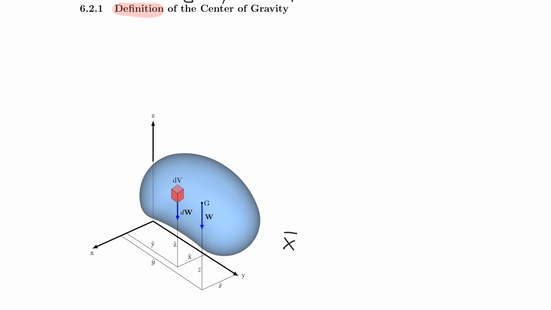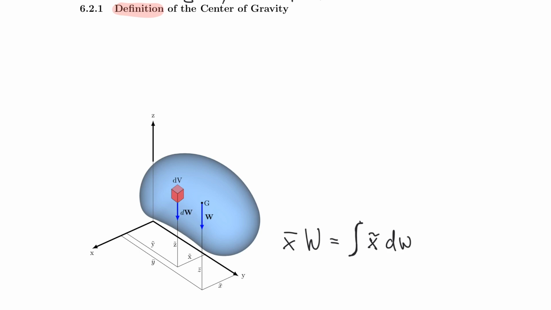So x bar times W is equal to the sum of, and the sum again is infinite, x tilde dW. I say that again because that's difficult to digest sometimes for a beginner. If the potato were made from only two individual particles, then particle 1 times its distance plus particle 2 times its distance would be equal to the total weight of the two particles times its distance to the origin.